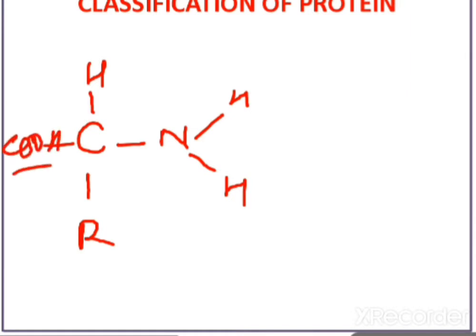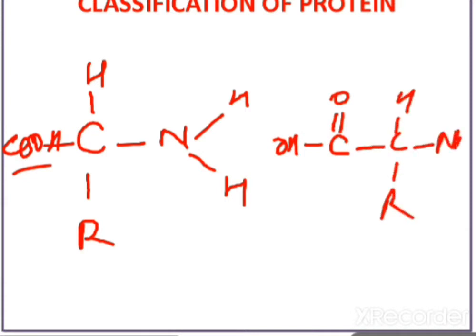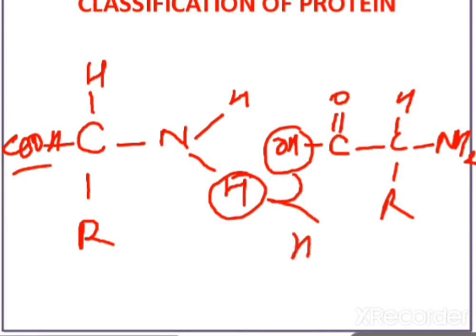So this is the first molecule. The second molecule has the structure COOH, then carbon, hydrogen, R, and here again NH2. So from the carboxylic group one OH and from the amine one H will form H2O. So H2O is removed.